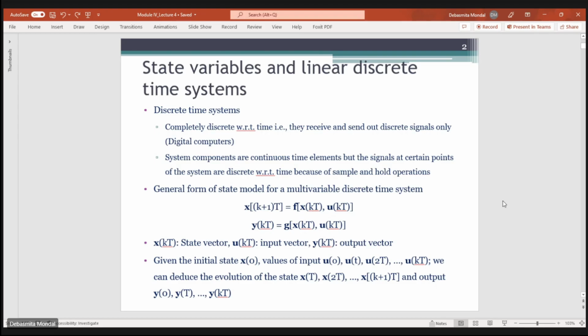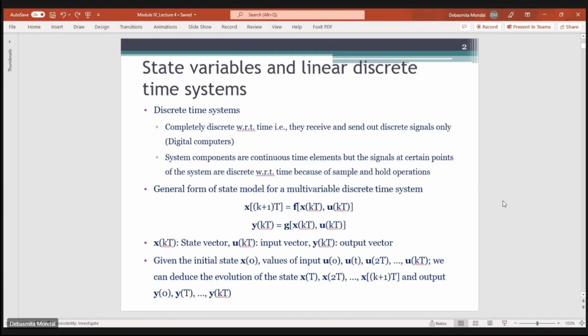Now we will move ahead and talk a little about linear discrete time systems. A discrete time system can be completely discrete with respect to time, meaning it receives or sends out discrete signals only. The other case is that the system components might be continuous in time, but the signals generated are discretized, that is, we get the signal at certain predefined intervals.